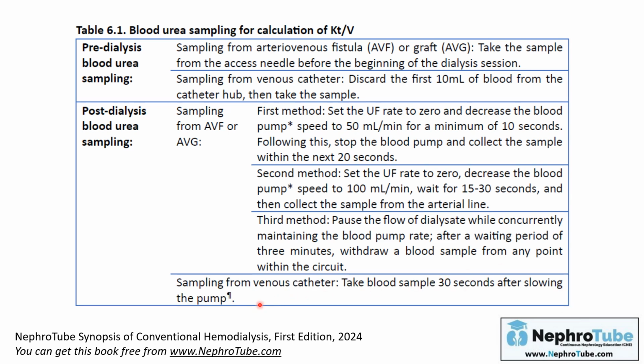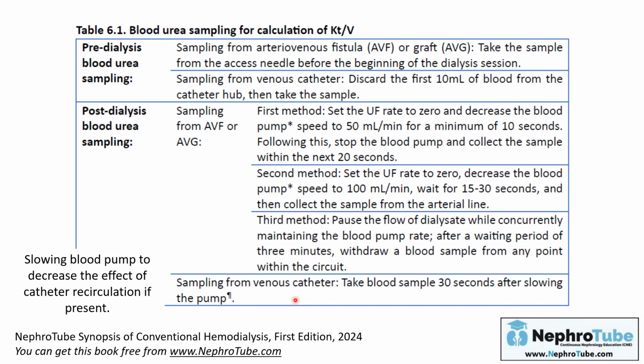But if you are taking your sample from a venous catheter, take the sample after 30 seconds of slowing the blood pump. Slow the blood pump to 50 or 100. Again, why are we slowing the blood pump in the venous catheter? This is because we are afraid of what is called catheter recirculation.